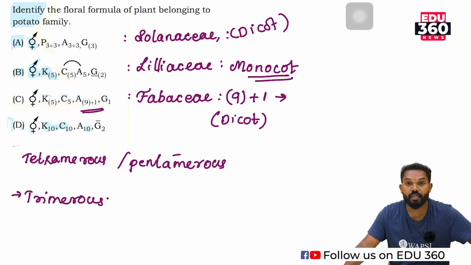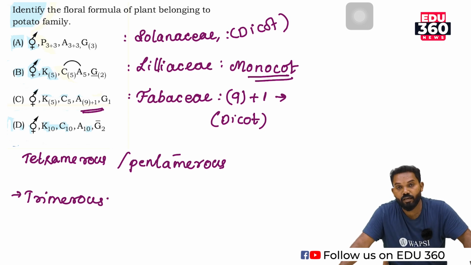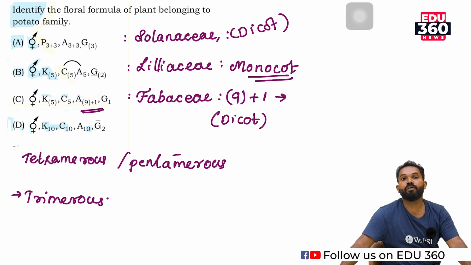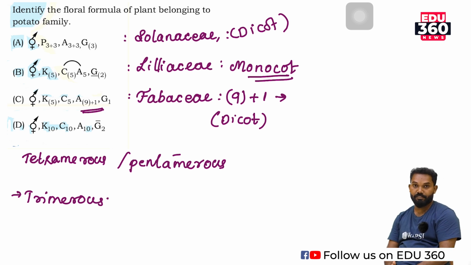That means in a monocot flower, the number of floral parts, that is sepals, petals, androecium and gynoecium, is 3 or a multiple of 3.